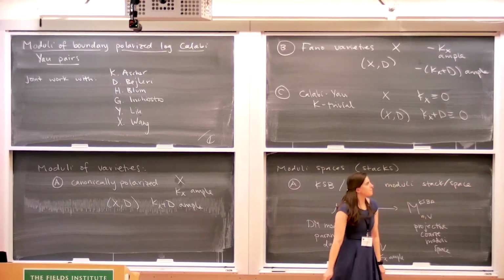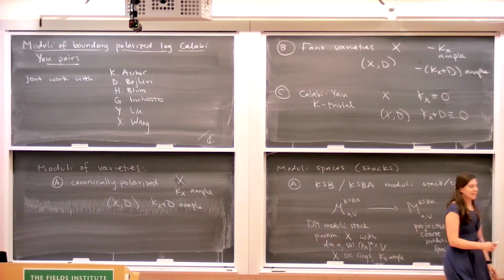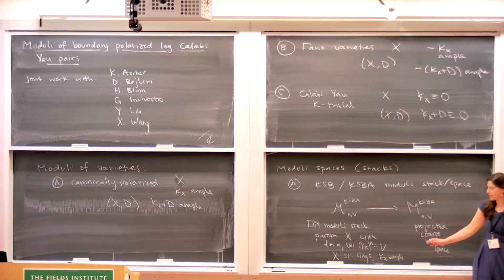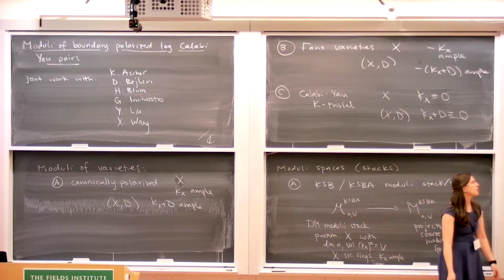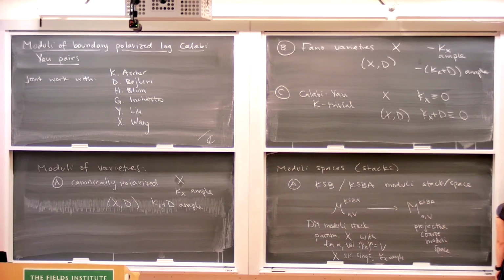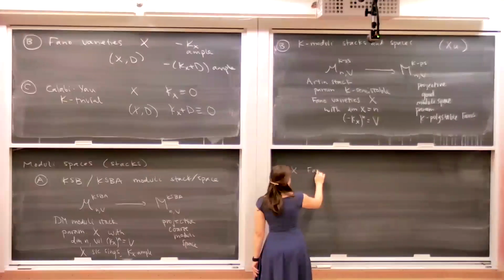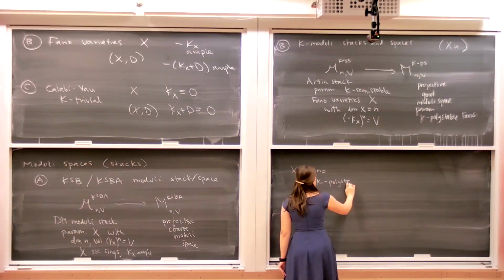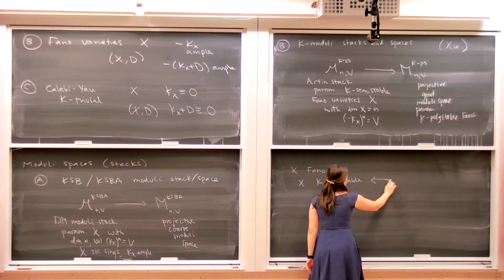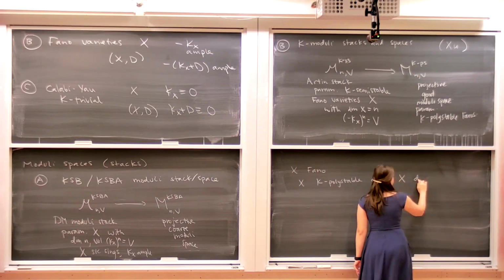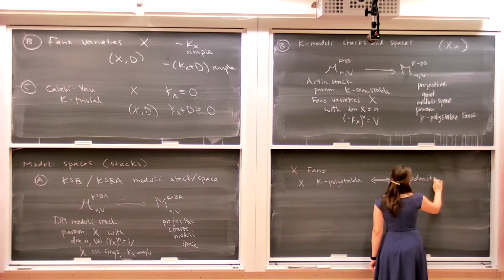And what is K-stability, though? Unlike many of us birational geometers, who are maybe comfortable with just slc singularities, I throw out that word like we know what it means. K-stability is a little bit more subtle. It turns out that K-polystability, this is a theorem that comes from differential geometry, holds if and only if X admits a Kähler-Einstein metric.